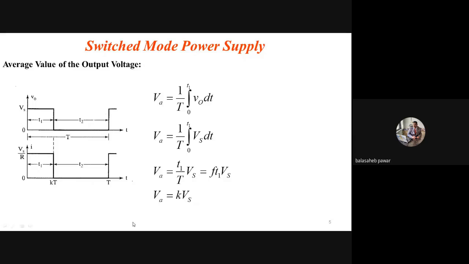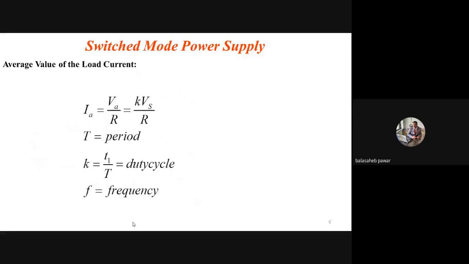Now the average value of load current, how much will it be? Simply divide the average voltage by the load resistance and you will get the average value. That's why I have written here IA equals VA by capital R. This capital R is nothing but the load resistance connected at the output of the SMPS.